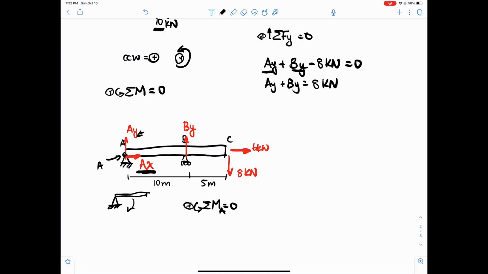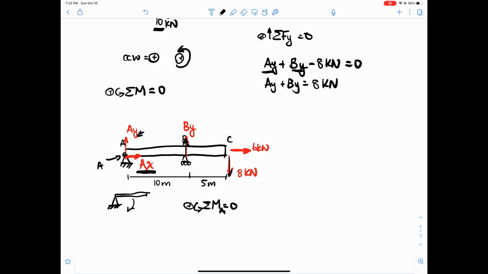That basically says if you're pushing on this beam here, there has to be something pushing up the other way to not make this whole thing spin into space. I know I repeated that a lot more times than I should have, but hopefully by repeating it, you'll begin to see what I mean.